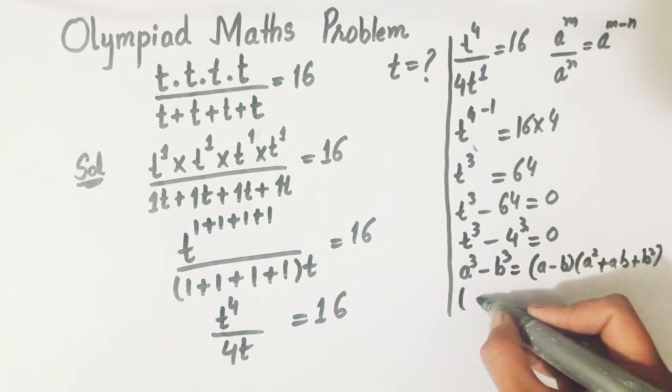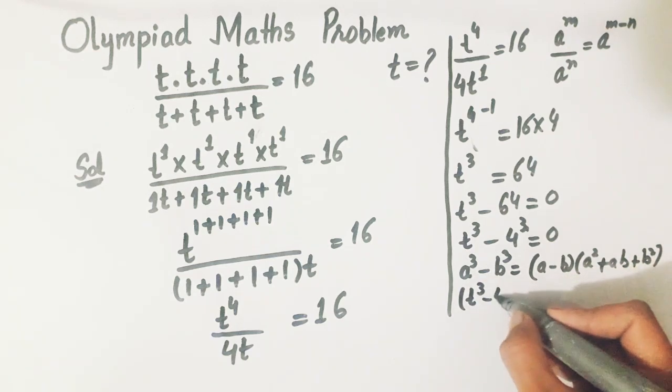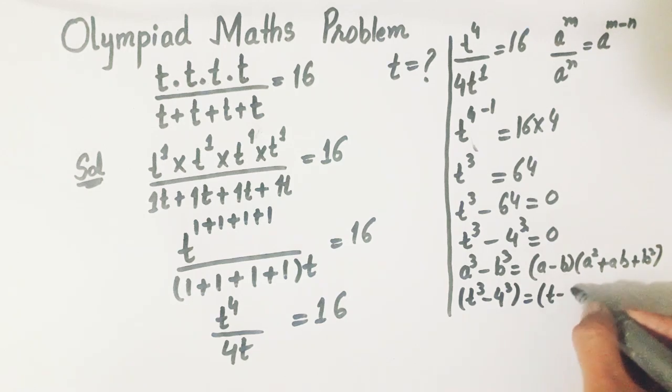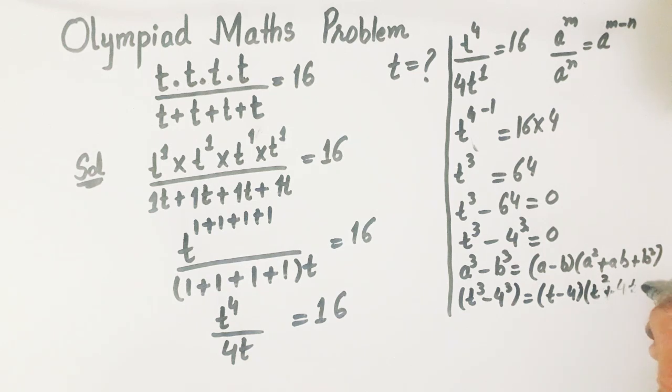That means we have t cube minus 4 cube, that equals t minus 4 into t square plus 4t plus 4 square, that is 16.